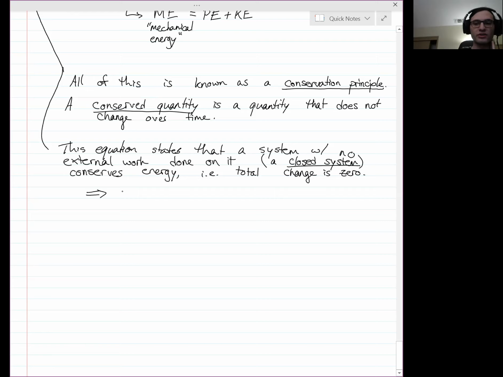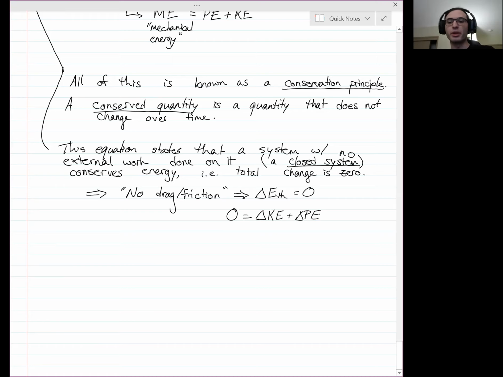For example, if a problem says something like there's no drag or friction, what that tells us is that the change in thermal energy is 0. And what that implies is that the change in kinetic energy plus the change in potential energy, and by the way, this only applies for closed systems, is 0.